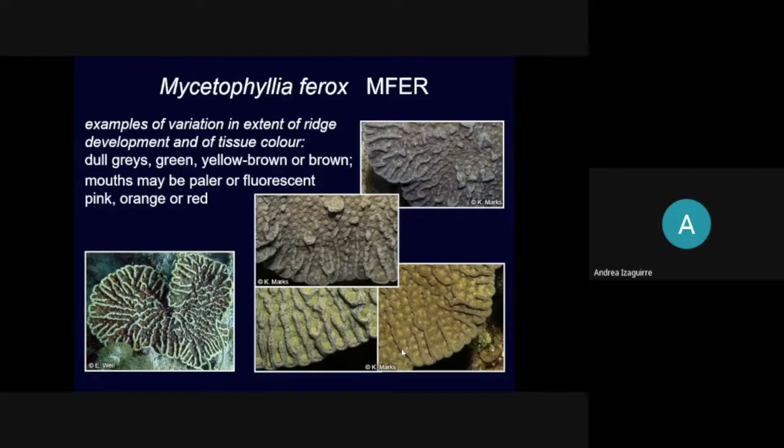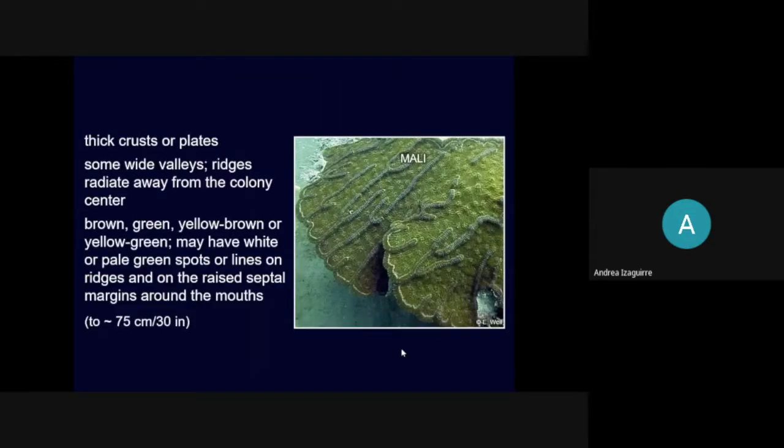Also, the polyp mouth kind of angles outwards towards the edges of the colony themselves. It grows in, as you can see, quite a few different colors. And it can grow around 60 centimeters, so it can be a little bit big.